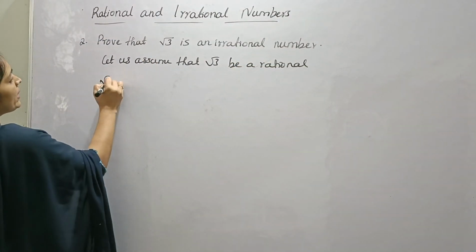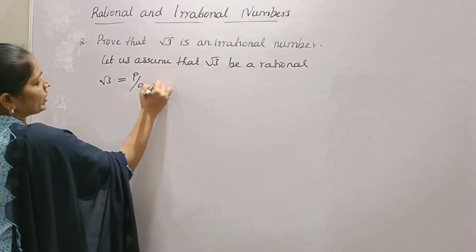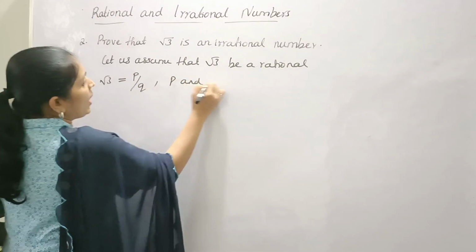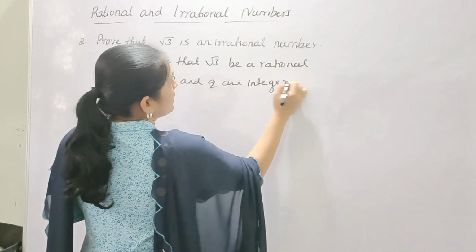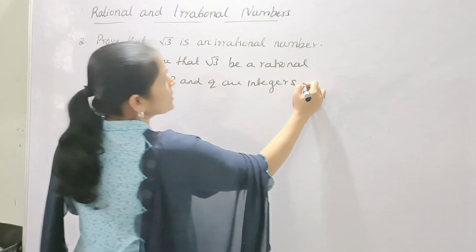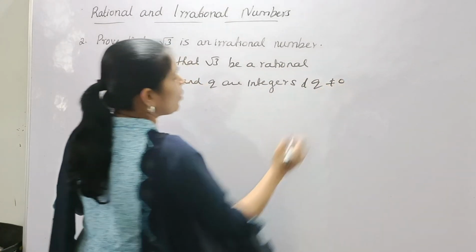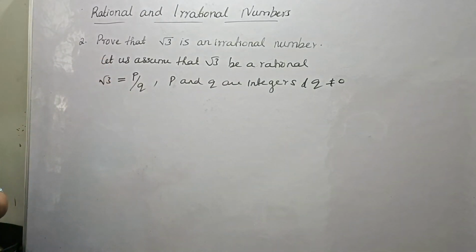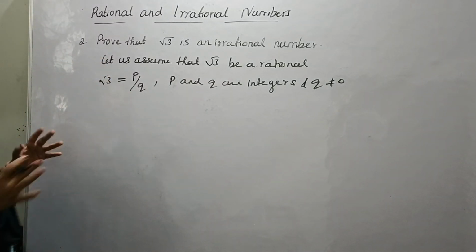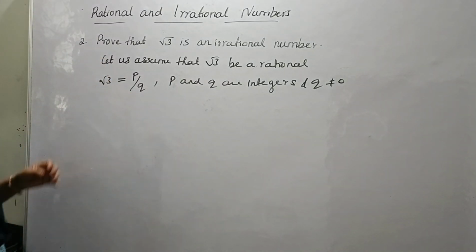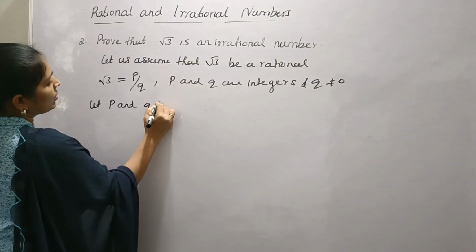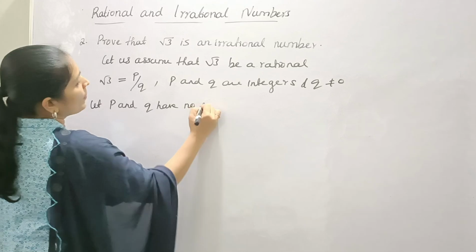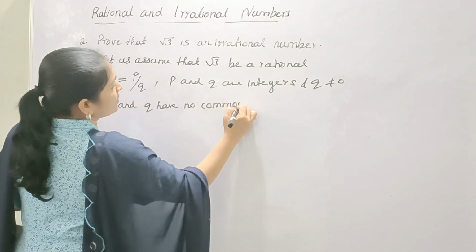Therefore, root 3 can be written as p divided by q, where p and q are integers and q is not equal to 0, and let's take p and q to be co-prime integers. That is, p and q have no common factors.